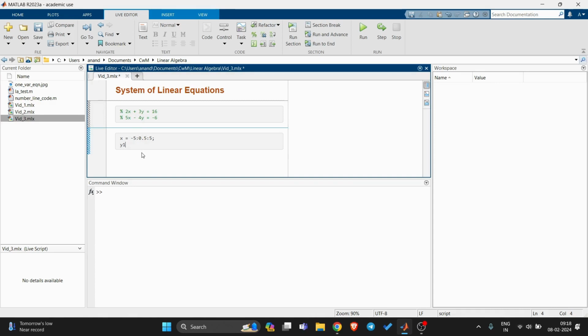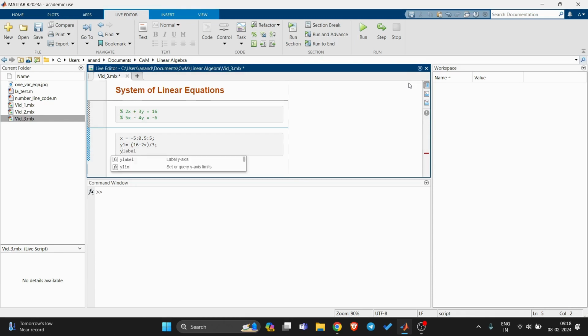For the first equation, y is equal to 16 minus 2x, the whole divided by 3.